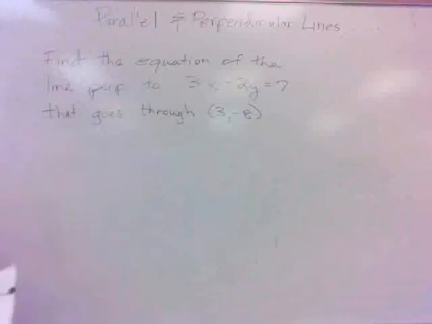Equation of the line perpendicular to 3x minus 2y equals 7 that goes through (3, negative 8).